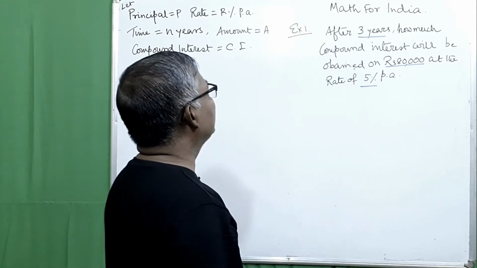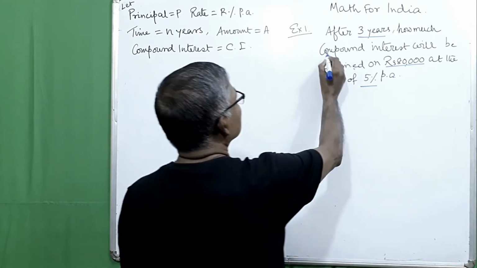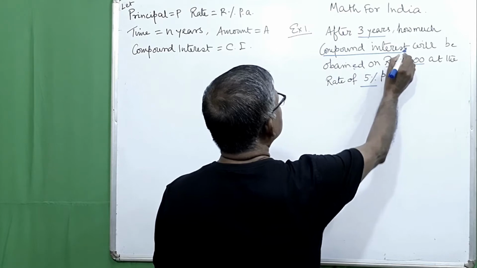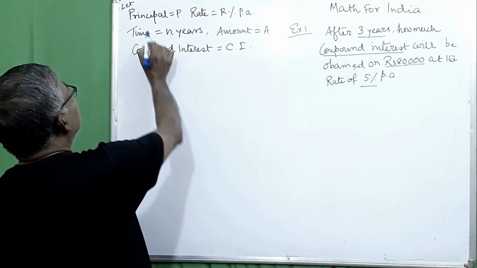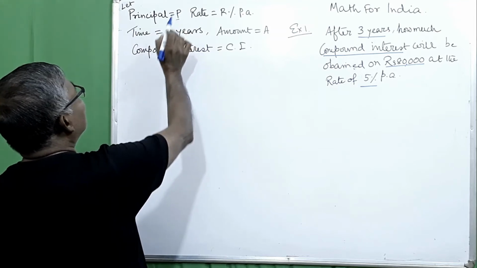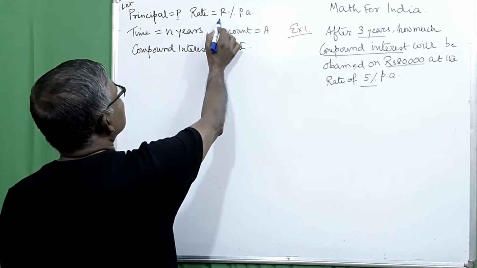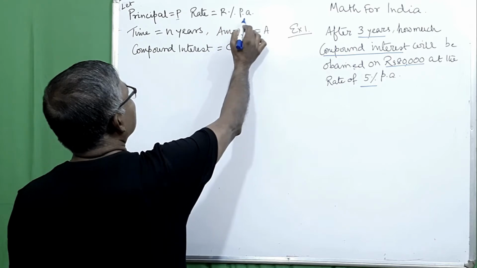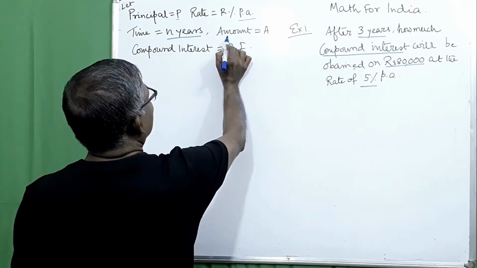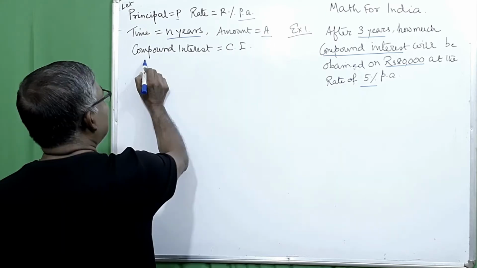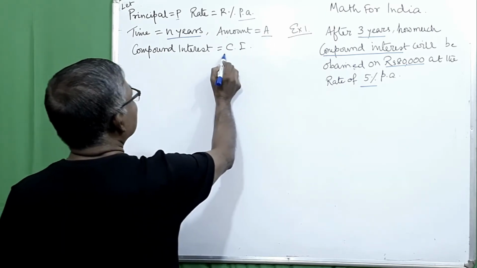We have to calculate the compound interest. Let principal equal P, rate of interest equal R% per annum, time is n years, amount equal to A, compound interest is CI.